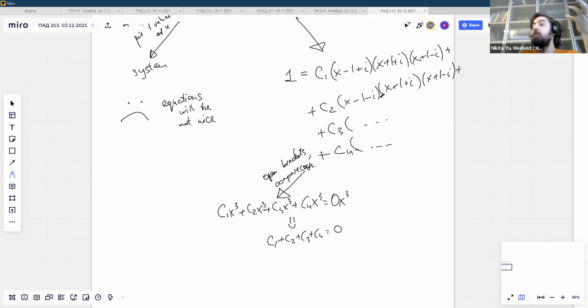And likewise, you have some equation for x squared and for x and for the free term. And for the free term, it will not be 0 on the other side, but 1. However, this equation looks nice, but the other three won't look nice. So again, this method is doable, but quite hard. I wish to do it another way.